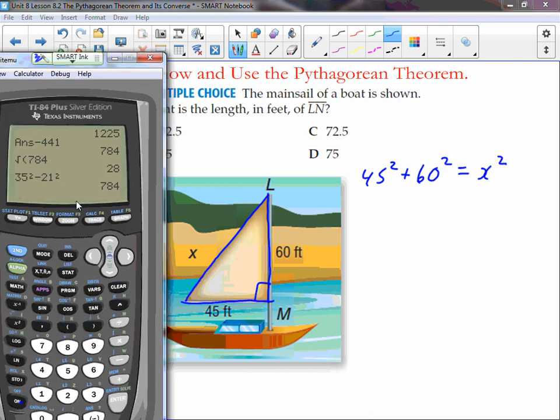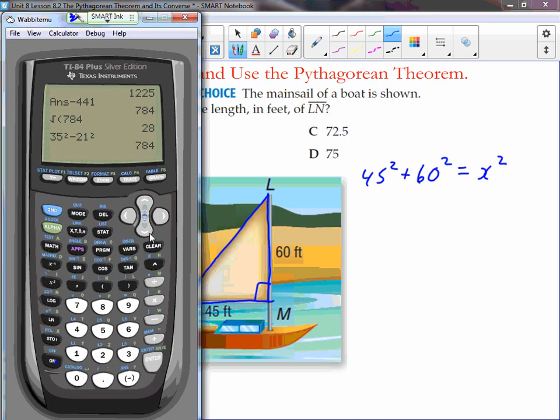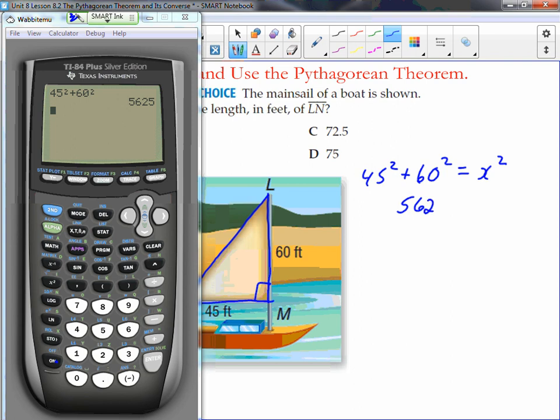I'm trying to bring that calculator back. There it is. All right, so look, if I want to, I can do 45 squared plus 60 squared in one step. Now, I look at the answer choices, and I see that they're either whole numbers or decimals.